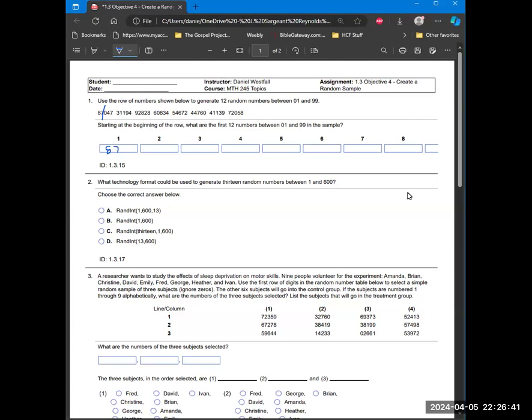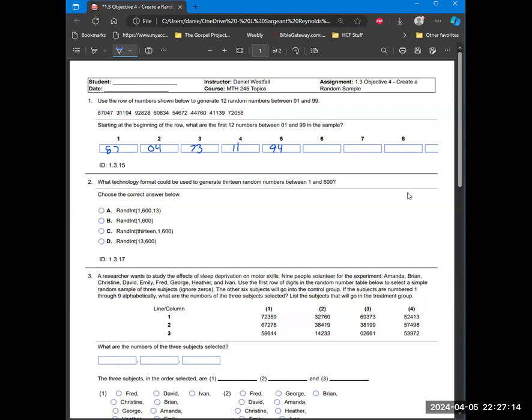So 87, then 04, then 73, then 19, and then 11, and then 94, and so on here.